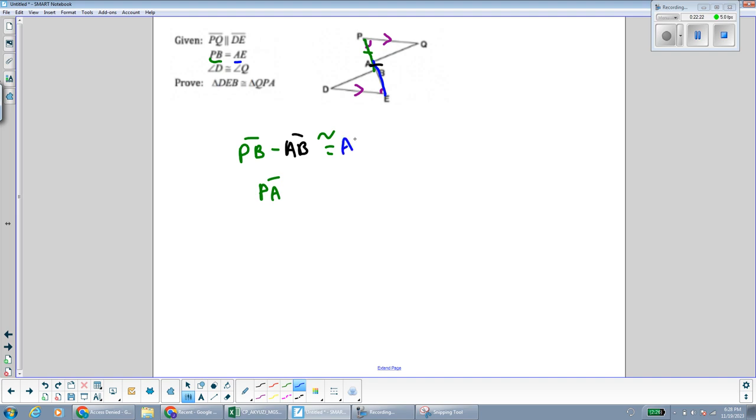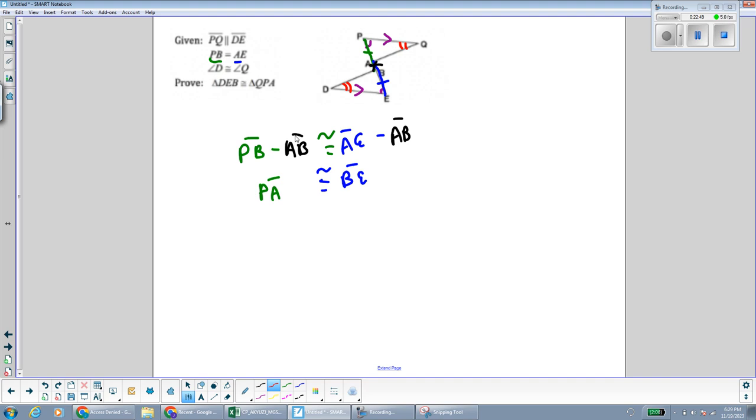And AE, take away AB, leaves us over with BE, which is the side of the triangle that we need. And our last given has angle D congruent to angle Q. And now we have angle, angle, side, angle, angle, side.